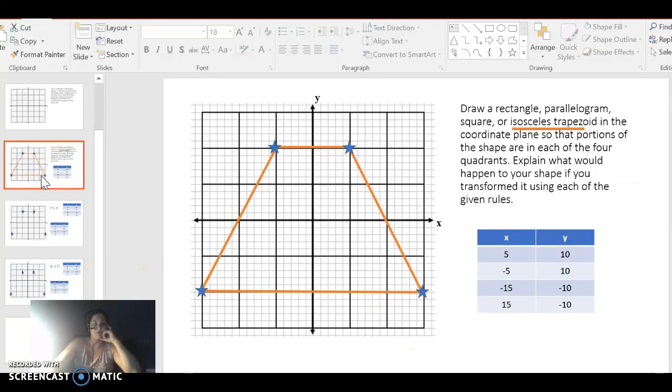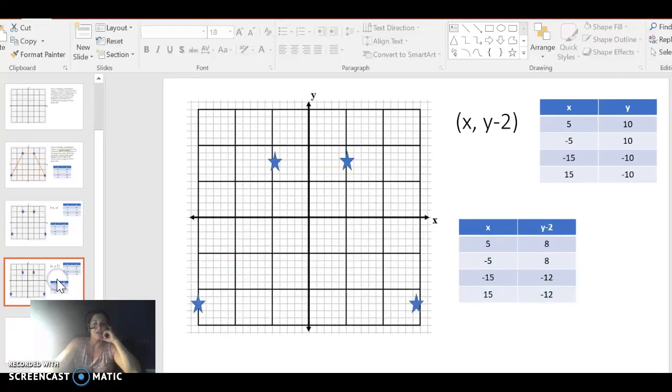Comparing it back to the first one, it looks like, what did it do? The y's went down 2, so it shifted it down 2, right? The whole shape shifted down.